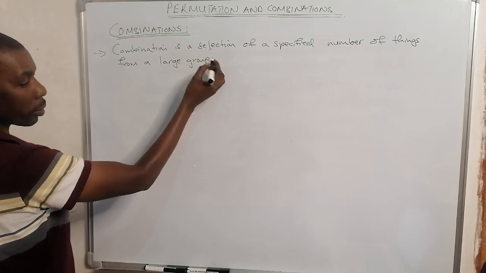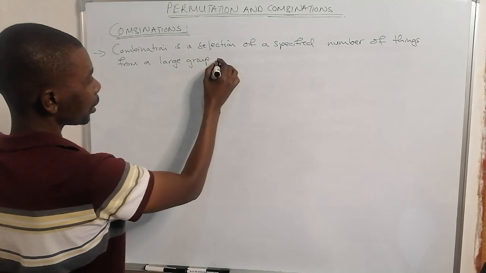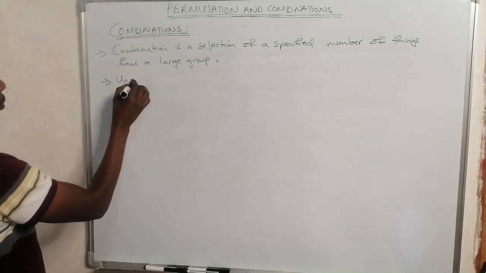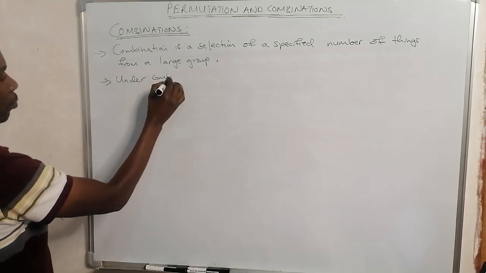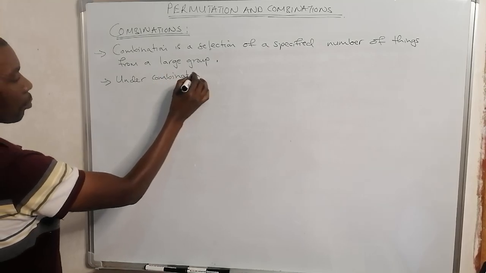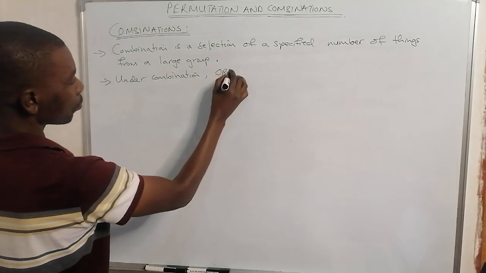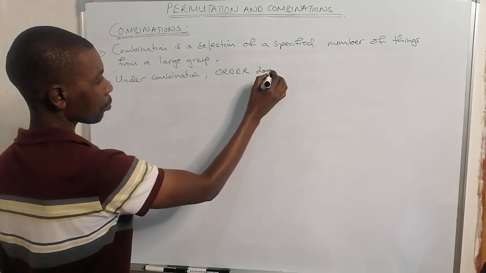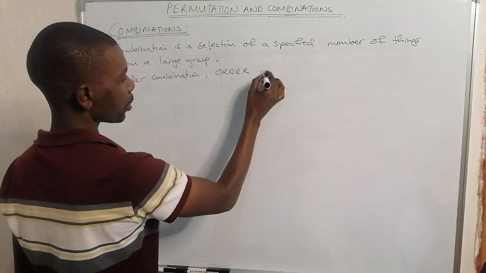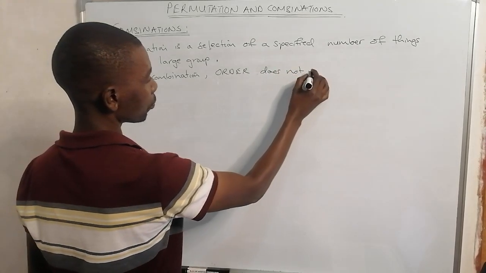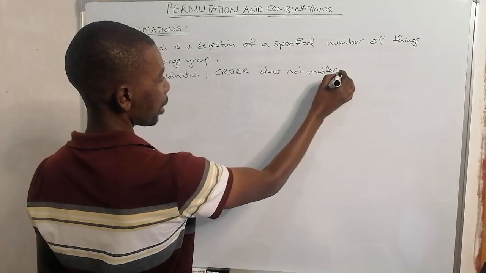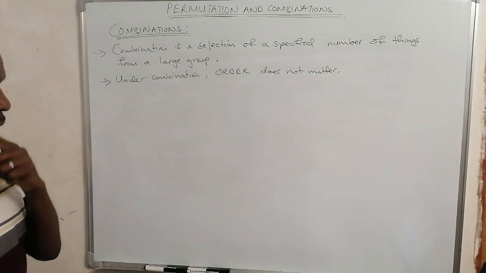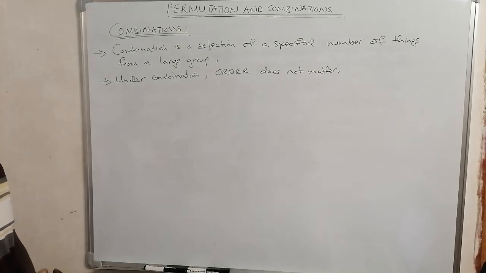Under combination, order does not matter. Remember, under permutation, we said order matters most. But under combination now, order does not matter.